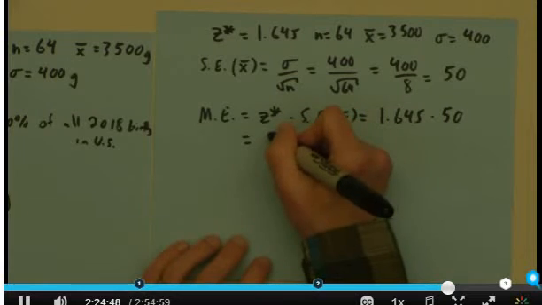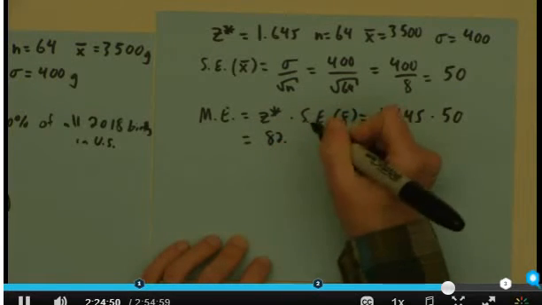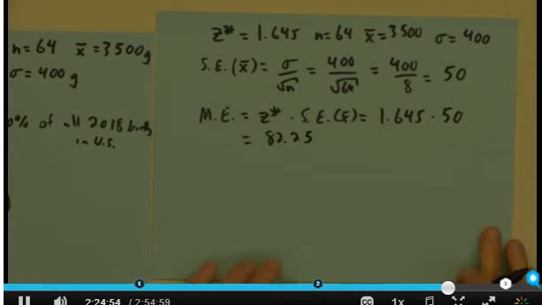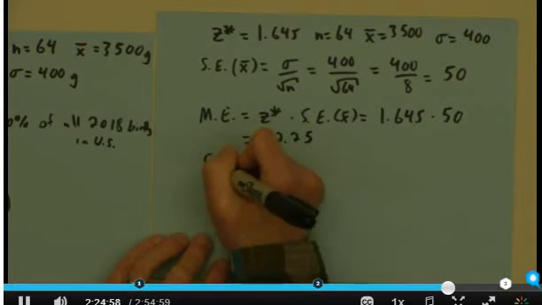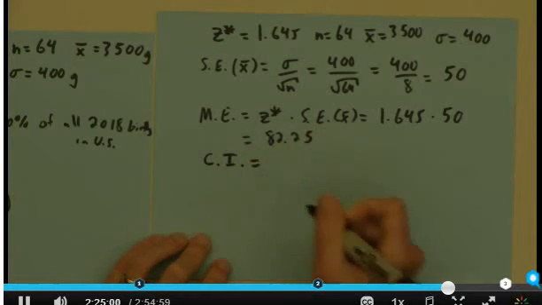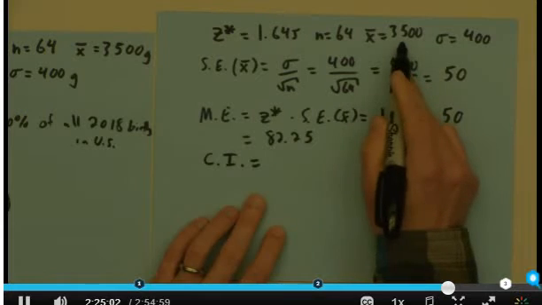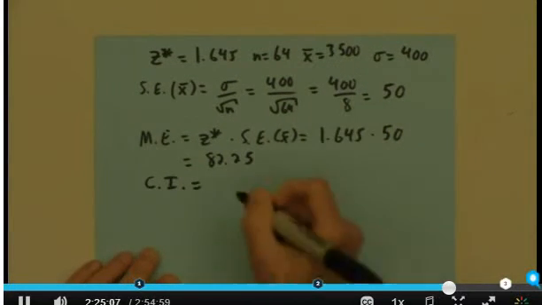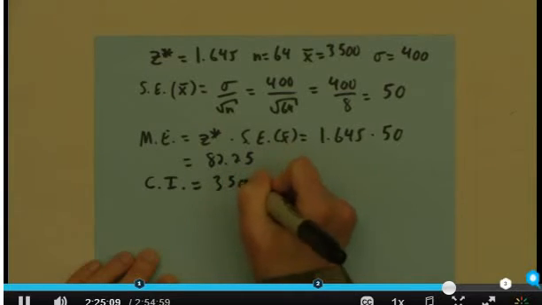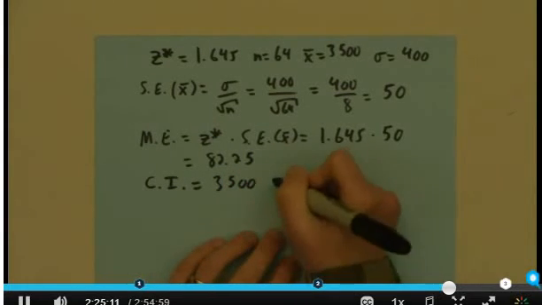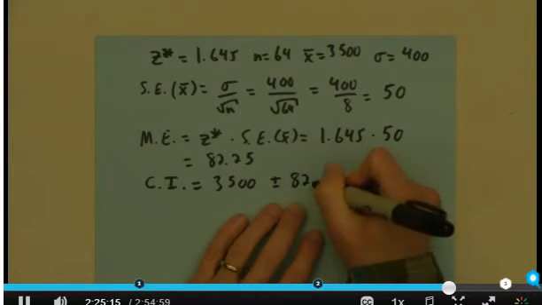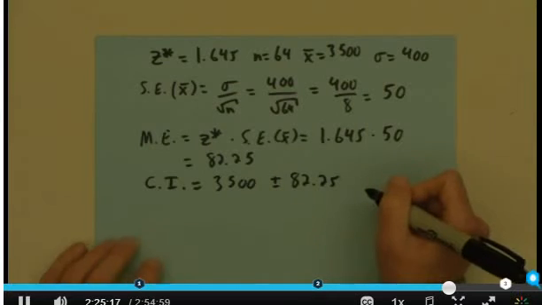My margin of error comes out to 82.25. And then lastly, the confidence interval is the estimate I got from the sample. That's my midpoint, plus or minus the margin of error, which is 82.25.